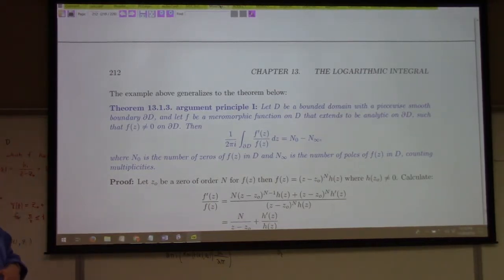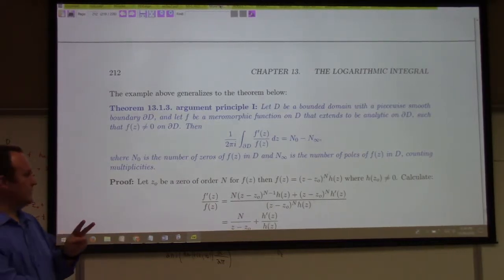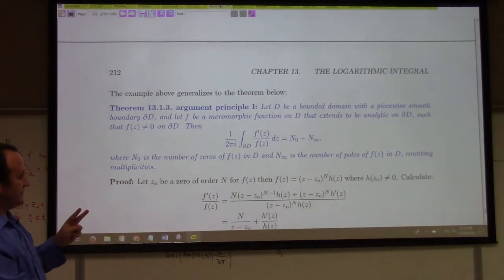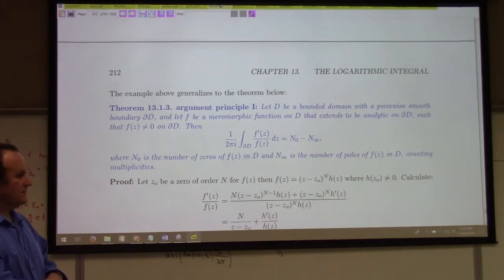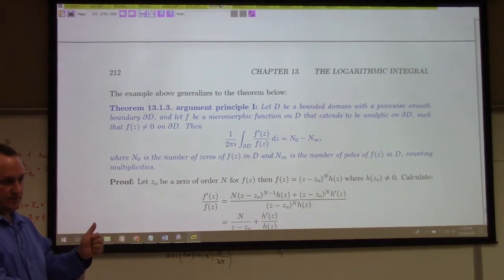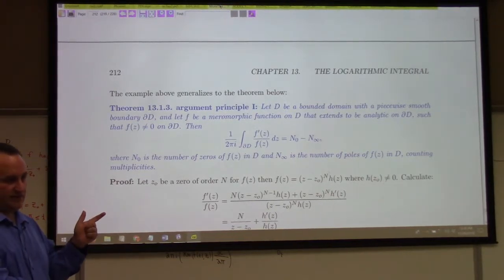And the proof of this breaks down into two cases, right? So to integrate this, what's the deal? Where are the singularities for this possibly at? Either at zeros or at poles, right? Either one of those could give us a singularity of the quotient f prime over f.